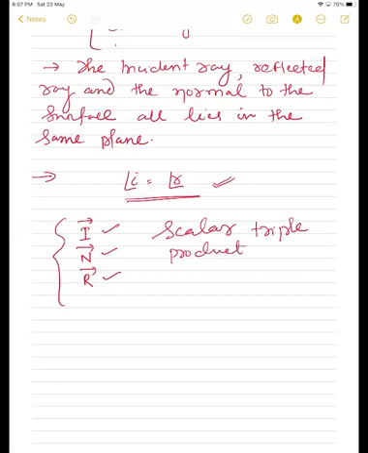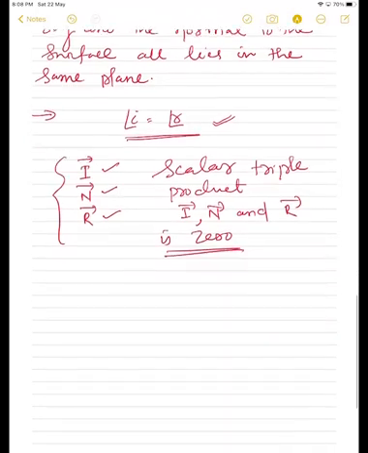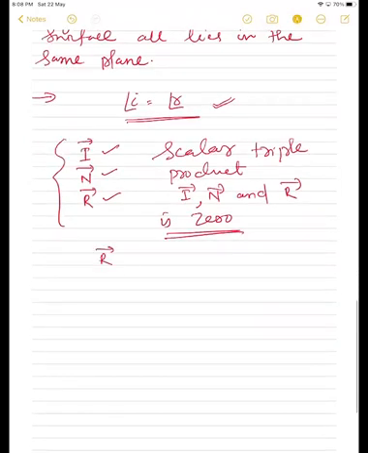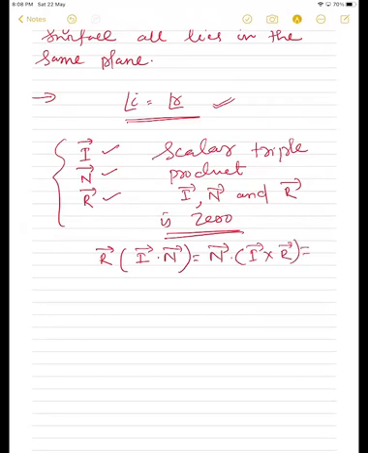The scalar triple product of the incident ray I, normal N, and reflected ray R is 0. Just remember; with some of the questions, you will get the concept. We will do that in examples. That means N dot (I cross R) is equal to 0.